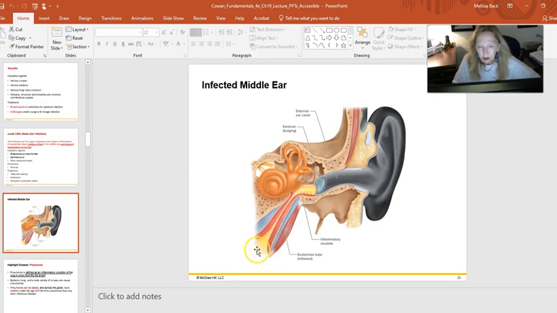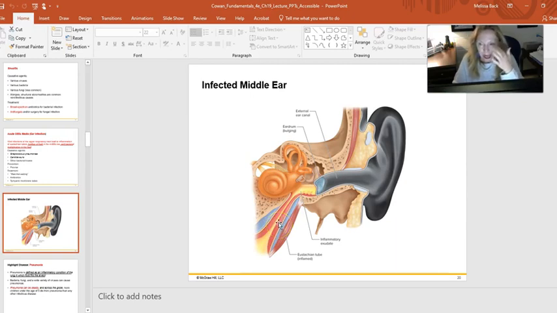This eustachian tube drains into the back of the throat behind the nose. It's called the nasopharynx. And because there is this connection between the nasopharynx and the ear, sometimes microorganisms will get into this nasal area and even move up through the lacrimal duct to the eyes.